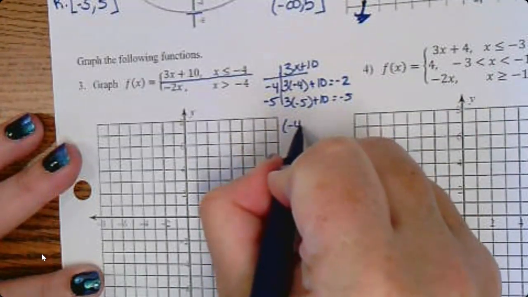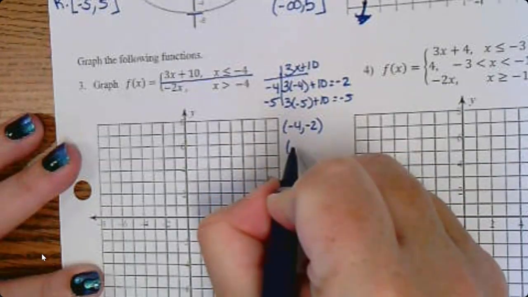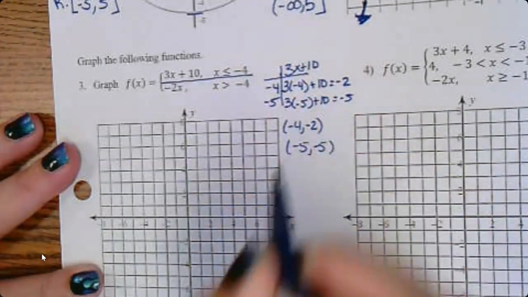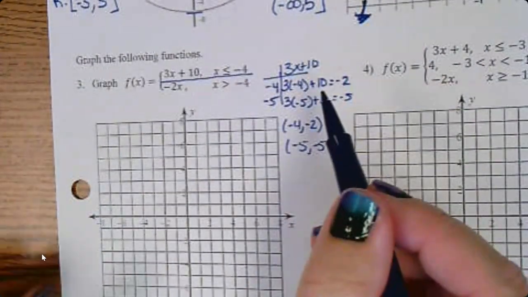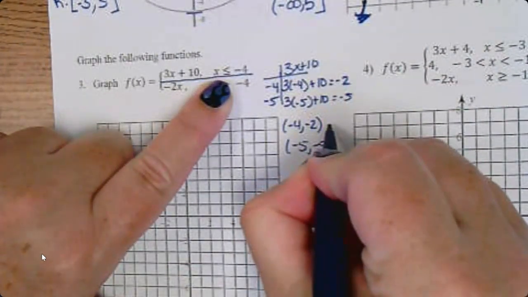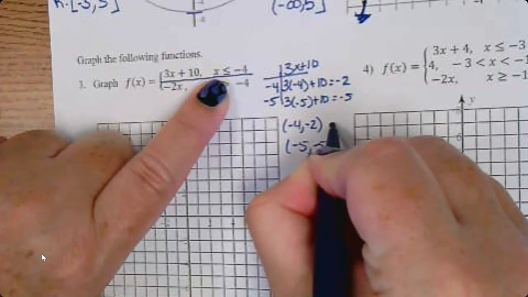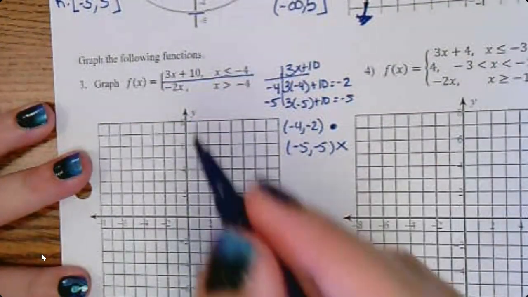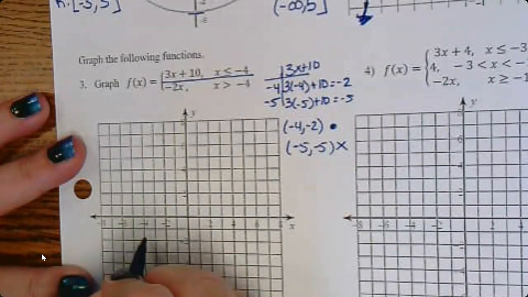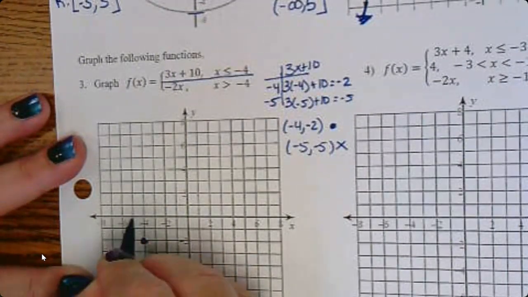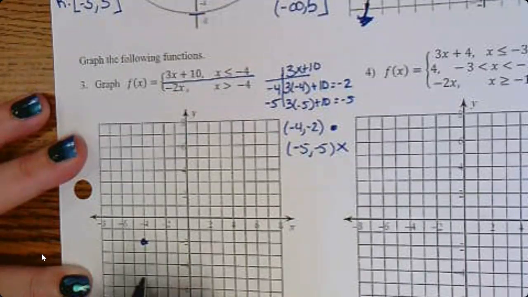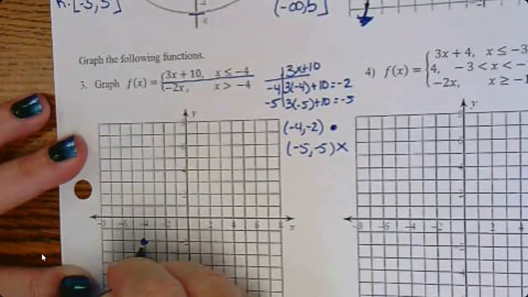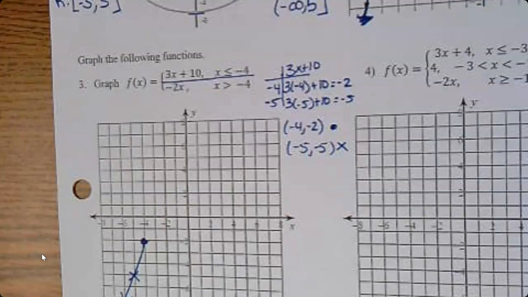So we have negative 4, negative 2, and negative 5, negative 5. It has an equal to bar for the negative 4, negative 2, so closed dot. Negative 5 is an open dot. And there you go. Now let me change pens.